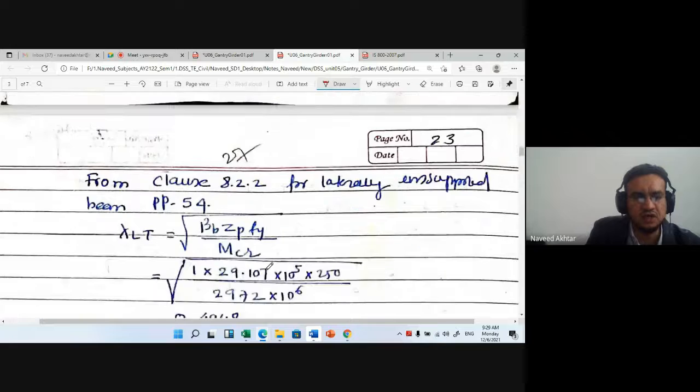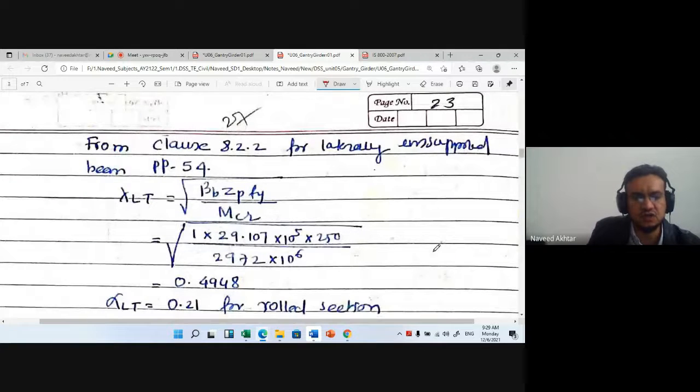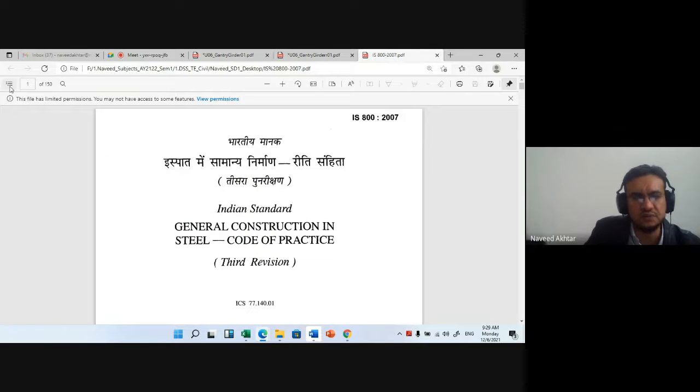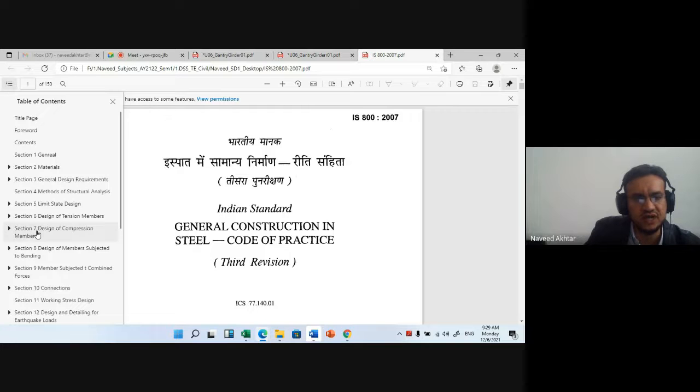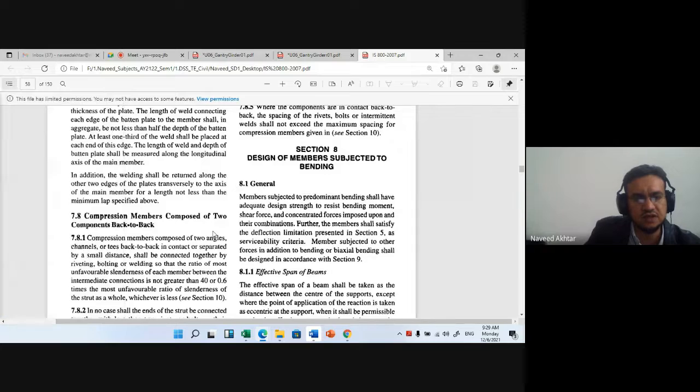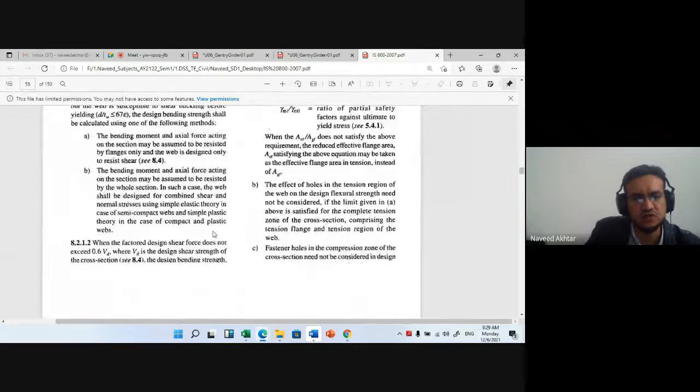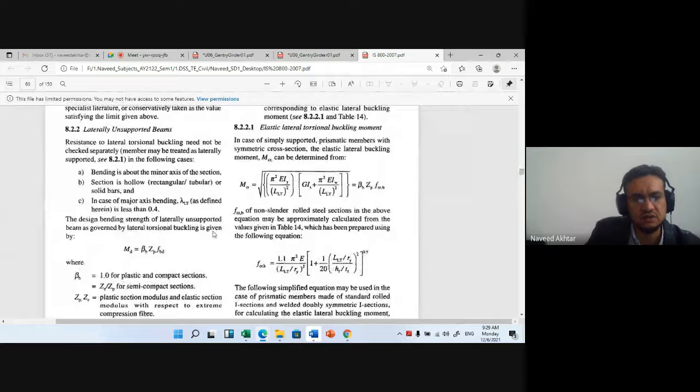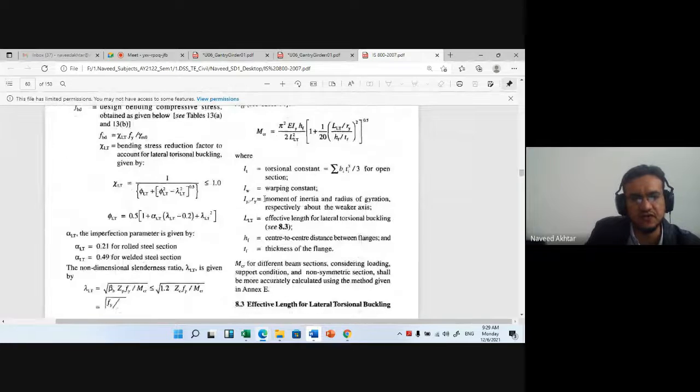Now we know the ZP value, so you can find out as per clause 8.2.2 for lateral torsion buckling, page number 54 of the IS code. If you go to page number 54 of your IS code, you can see here MCR is equal to this, already we have found out.